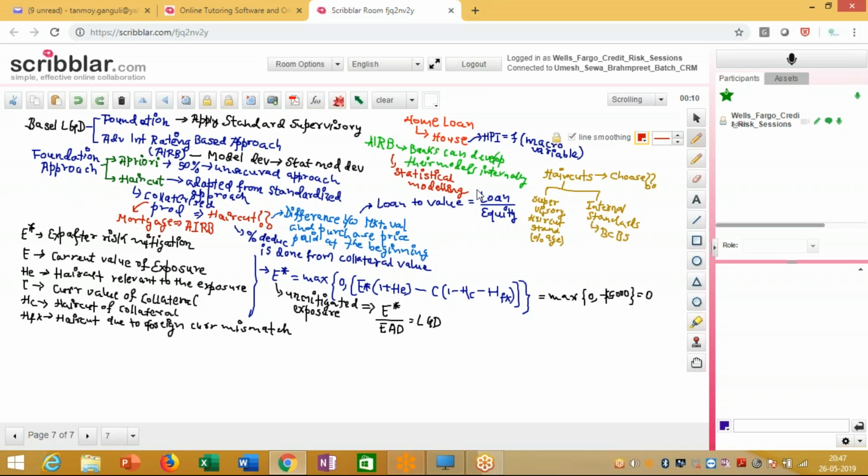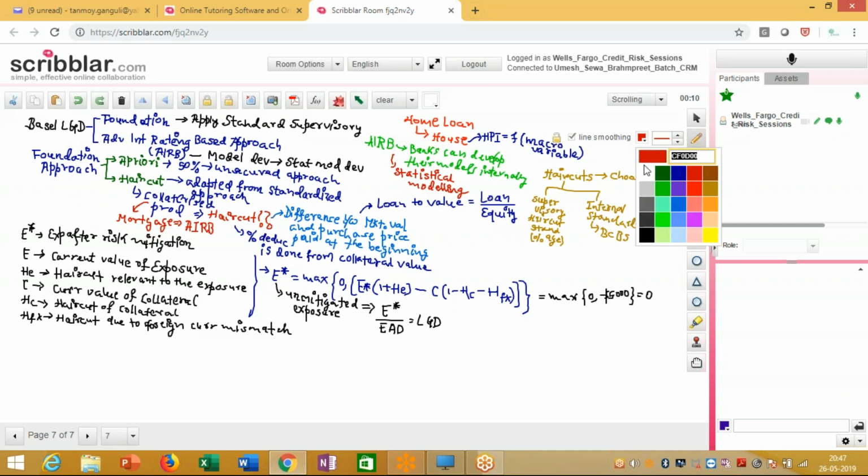Let's first frame the model under the AIRB approach. First of all, let's define the loss given default model.